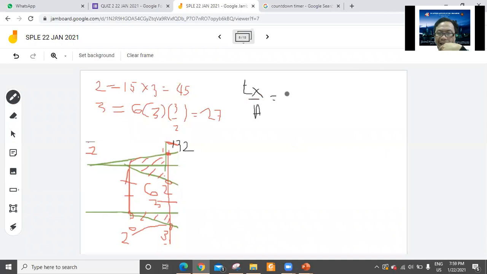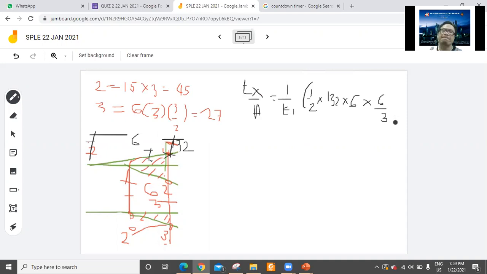So 1 over EI is equal to 1/2 of 132 times, what is this distance? This is 6, because this is 3. So this one is 6 times 6. This is the area. How about the centroid here? The centroid is just 1/3 of 6, 6 over 3.